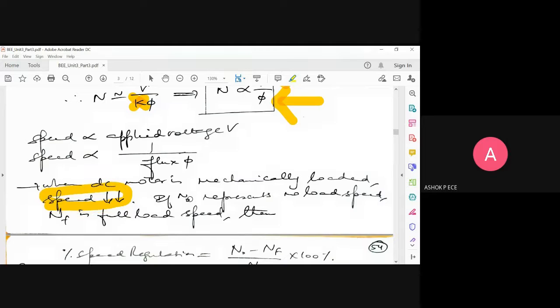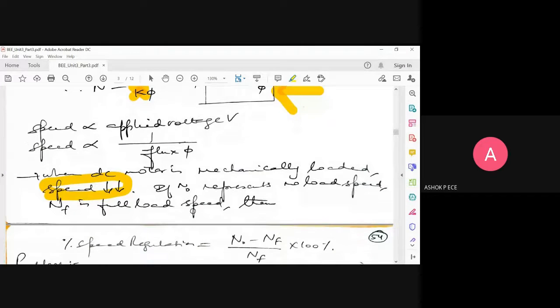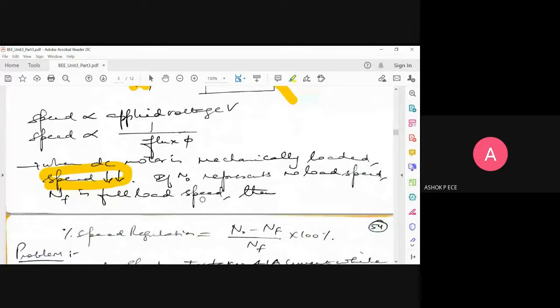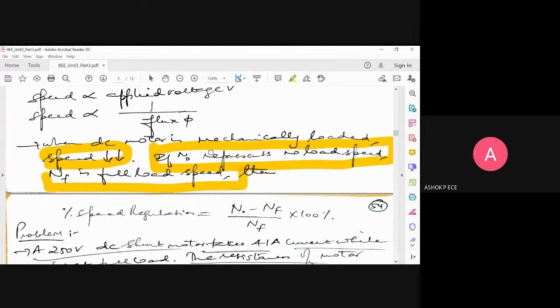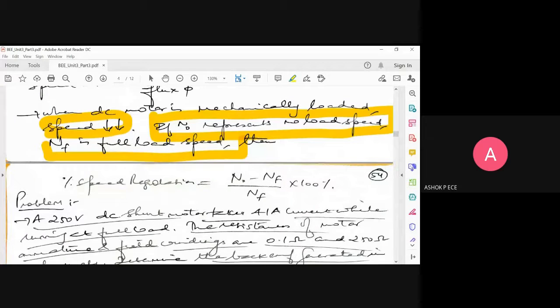So if N0 represents the no load speed and NF represents the full load speed, then the speed regulation is given by no load minus full load by full load. Definitely no load speed will always be the highest, full load speed will always be the smallest one. So I'll be subtracting N0 minus NF. Similar to how we have seen regulation in transformer, in DC motors, we will not have voltage regulation.